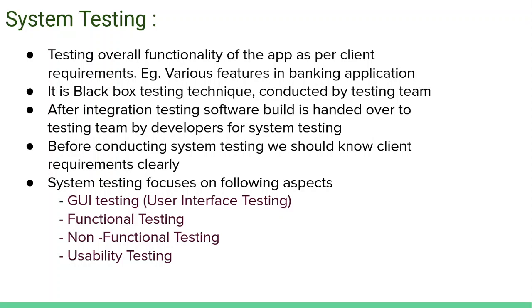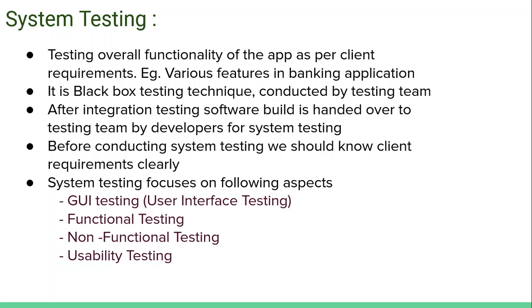There will be a requirement document, and the testing team should go through that document clearly and understand the requirements, because they will create the test cases and test scenarios depending on that document, right? Whatever features and requirements are there will be documented in the SRS document, the software requirement specification document, and testers will refer to that document to write the test cases.